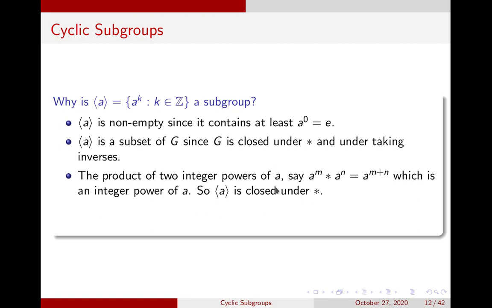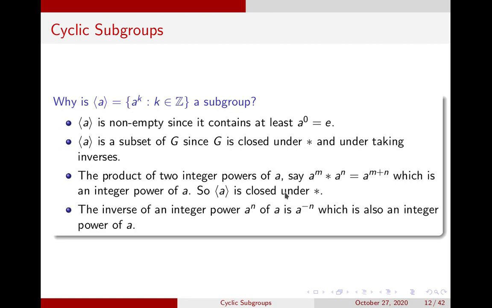And finally, the inverse of an integer power, a to the n, is a to the minus n, which will also be an integer power of a. So the cyclic subgroup generated by a is also closed under taking inverses. And therefore, it meets the four criteria for being a subgroup.